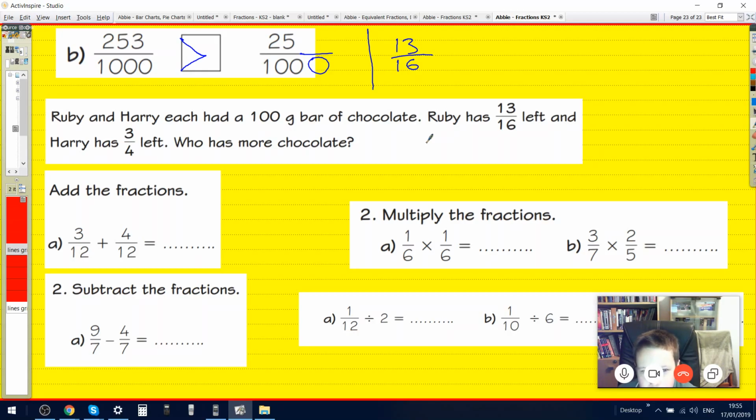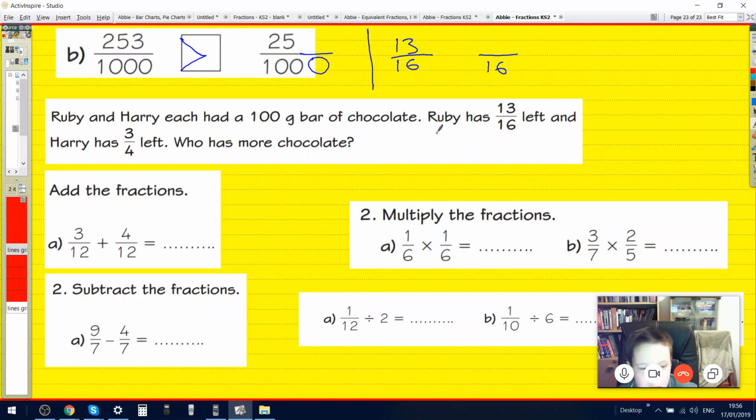Well, the common multiple is 16. And so you would then need to times 4 to get to 16, since 4 times 4 is 16.